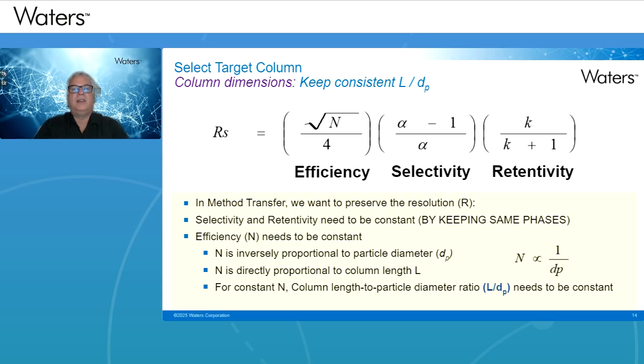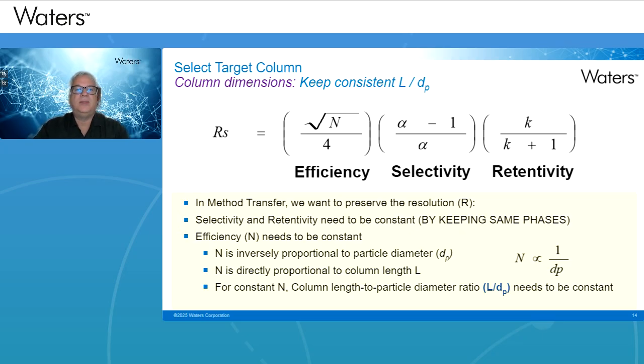There are three parts: the efficiency part, the selectivity, and the retentivity. We know that if we keep the same stationary phase, we will keep the same retentivity and the same selectivity. If we want the resolution to be the same from one column to the other, we need to keep the efficiency constant.